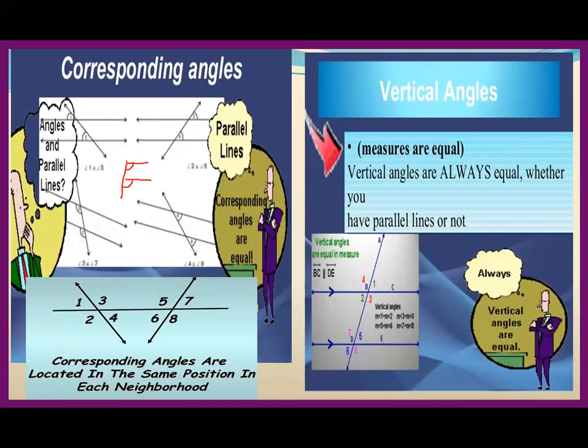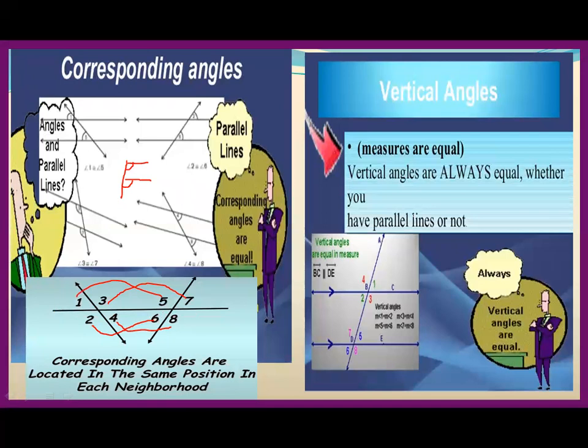So 1 and 5 are corresponding angles. 3 and 7 are corresponding angles. Similarly, 2 and 6 are corresponding angles. 4 and 8 are corresponding angles. So one is exterior and one is interior, and they are on the same side of the transversal, one from each neighborhood.